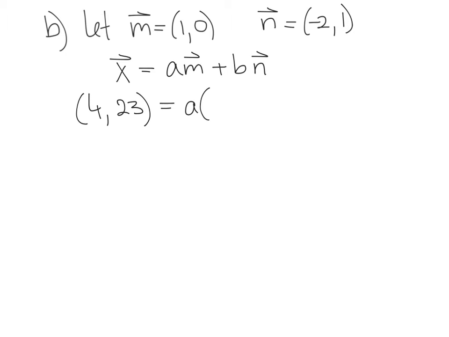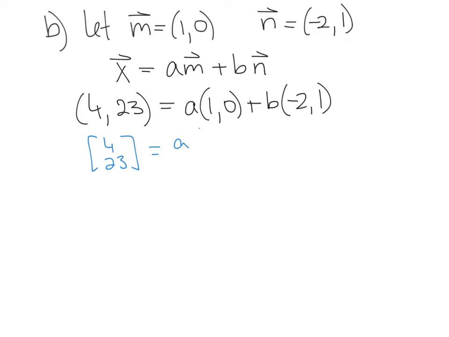So setting it up in the same way, this is going to be a(1, 0) plus b(-2, 1). And alternatively, if you wanted to write this as a matrix, it is equal to a(1, 0) plus b(-2, 1).